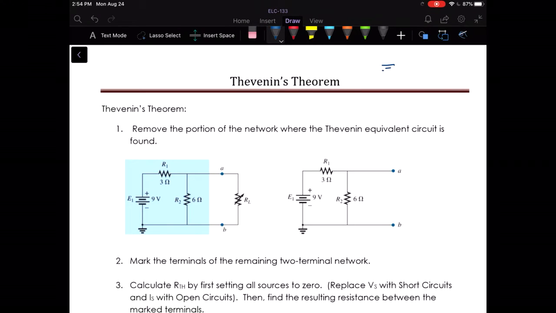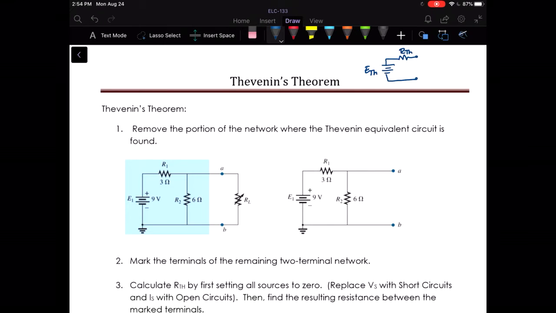So what we're going for is something like this, where this would be E Thevenin and R Thevenin.